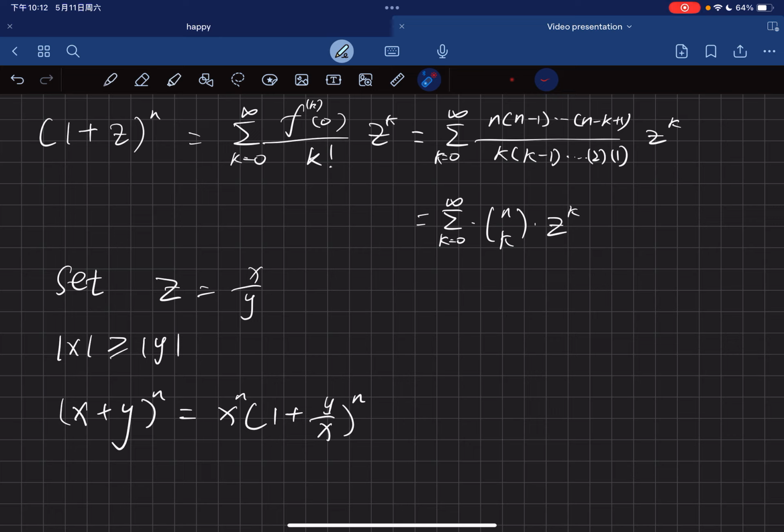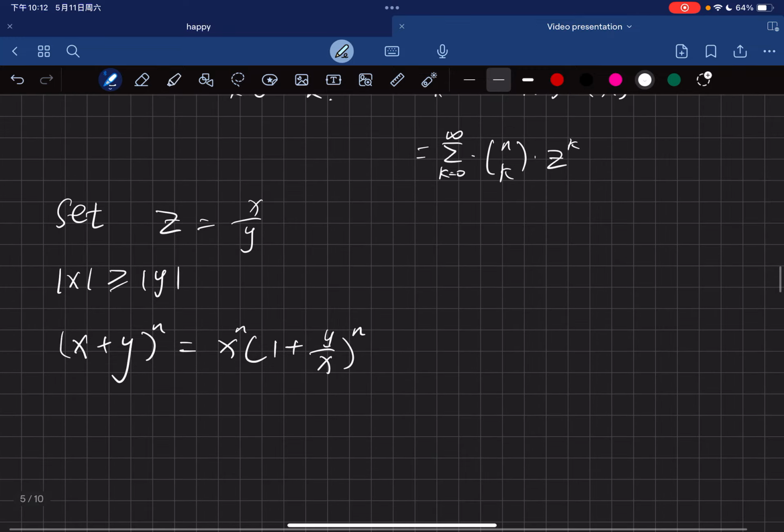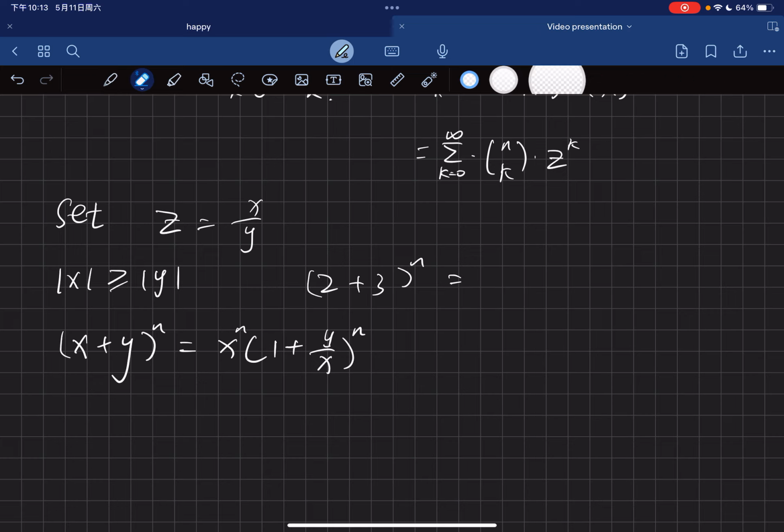So x has to be greater than y. Maybe some of you might ask, how about when x is smaller than y? It is easy, because we can transfer this equation to 3 plus 2. There's no difference.